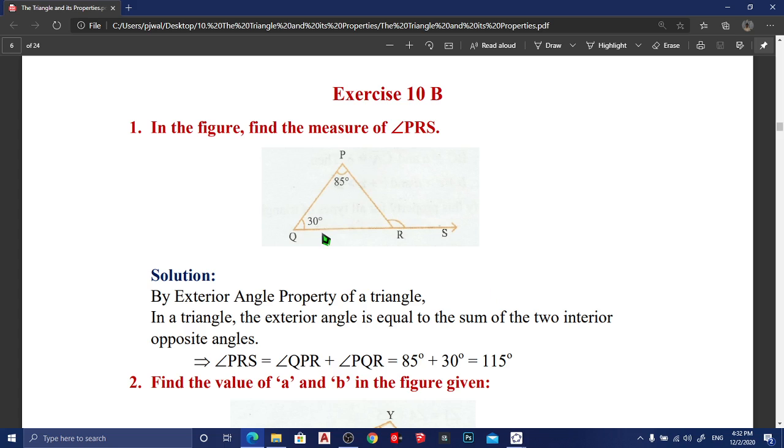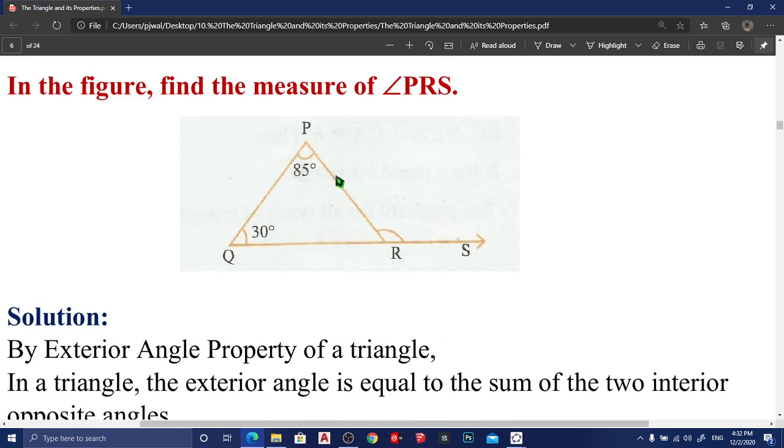See the first problem in the figure. Find the measure of angle PRS. What is PRS here? Here if you observe, this angle PRS is the exterior angle which is formed by producing the side QR up to point S. Okay, this is the exterior angle. And one more, you can observe here two interior angles are given which are also opposite to this exterior angle.